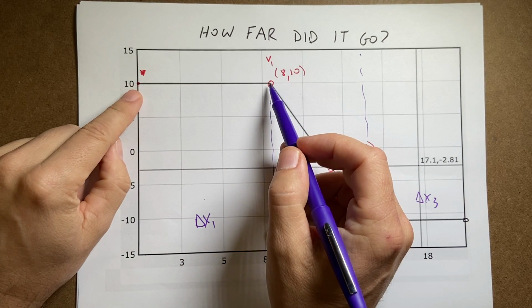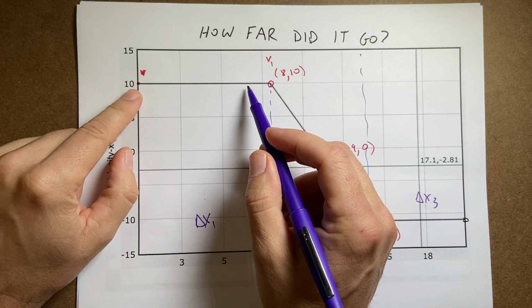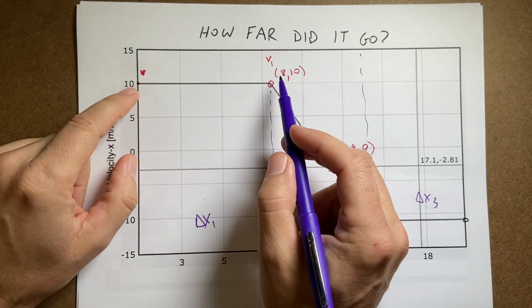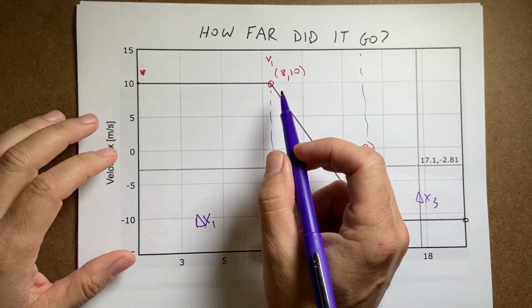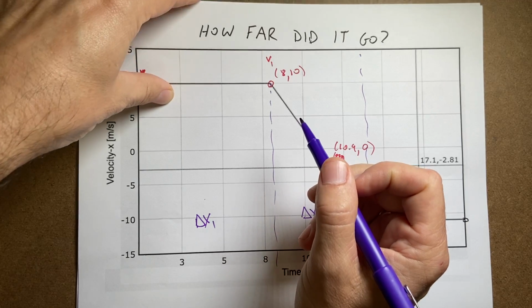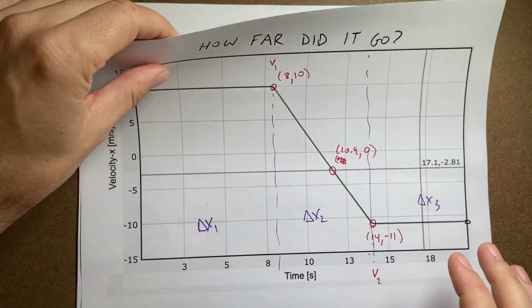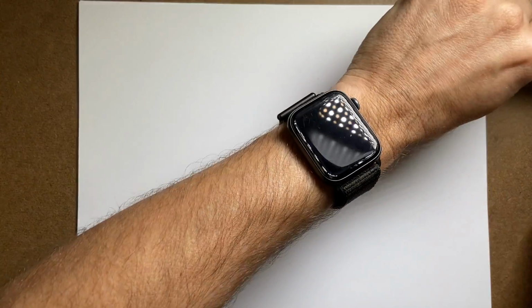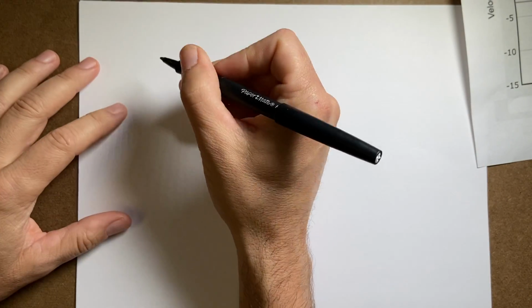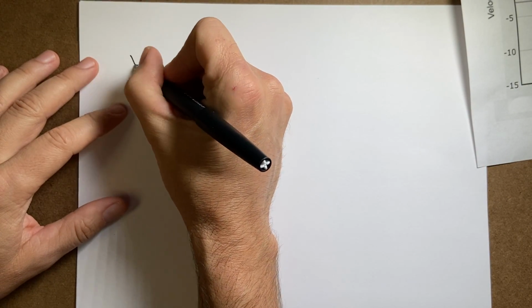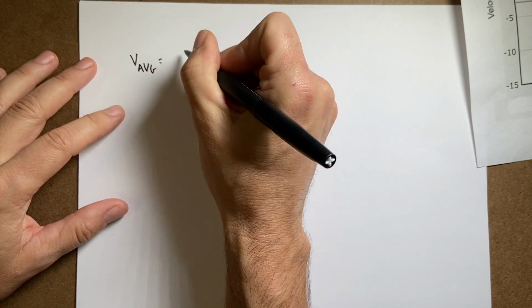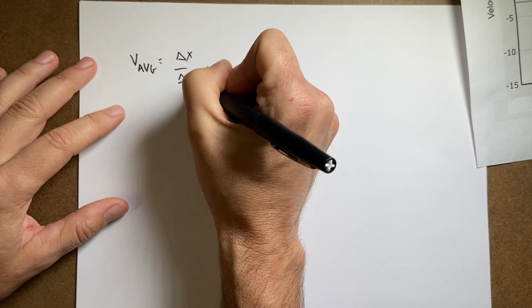So let's start with this first one where I have the object moving at a constant x velocity. So in that case, let's just switch over to a piece of paper so that I can have more room to move. I don't want to mess up the graph too much. Okay, so I know the definition of the average velocity is the change in x over the change in time.